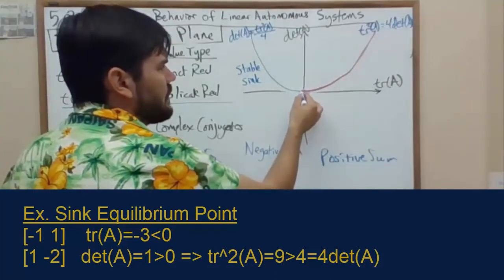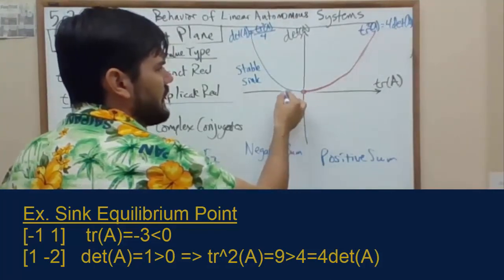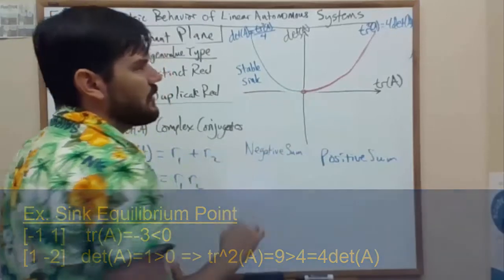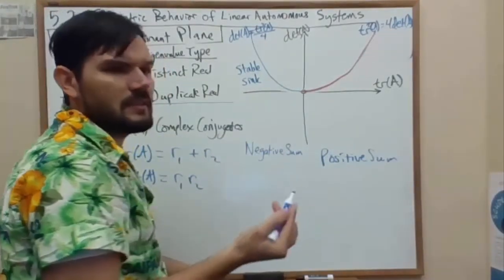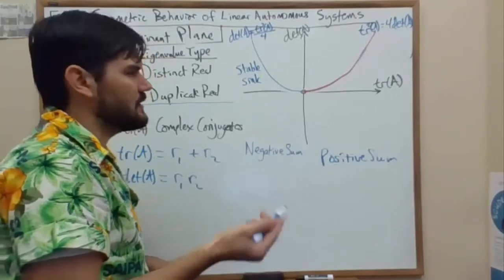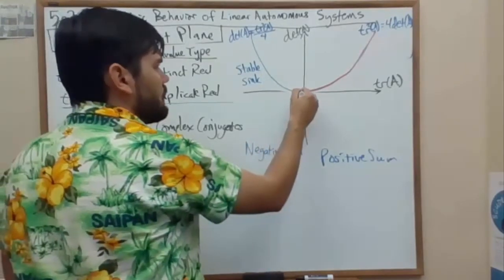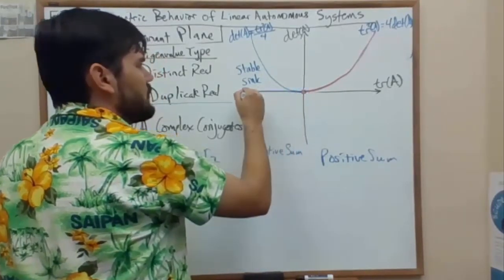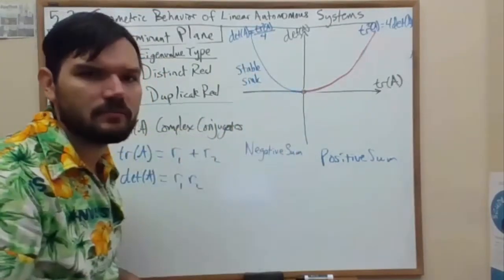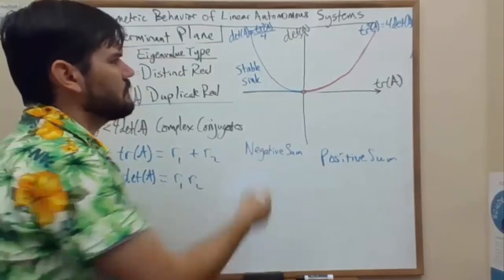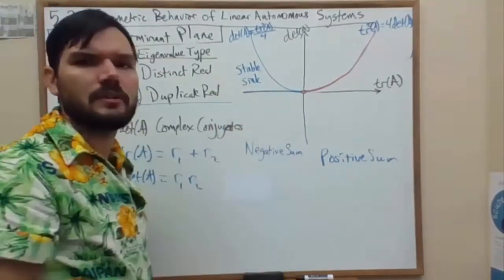And that stability goes all the way down to the edge, bottom edge, where the determinant is 0. When the trace is negative and the determinant is 0, that means that one of the eigenvalues is 0. So we have a stable edge to it. So this is one region of stability where it is real and shooting in towards a sink.